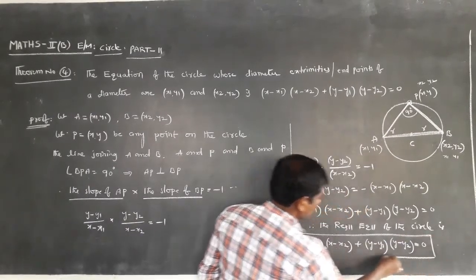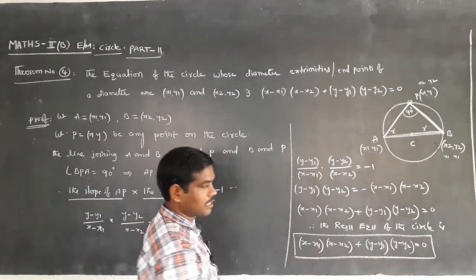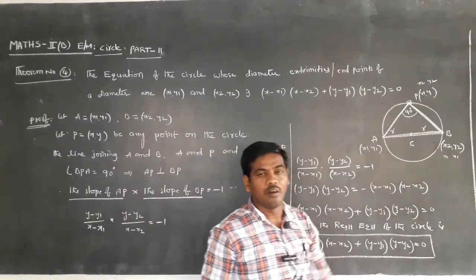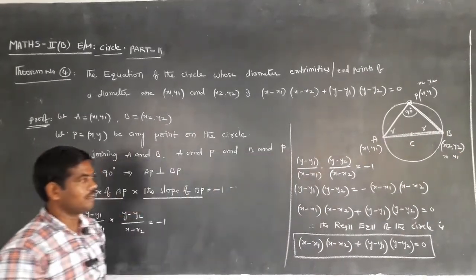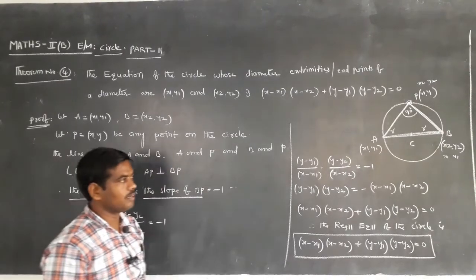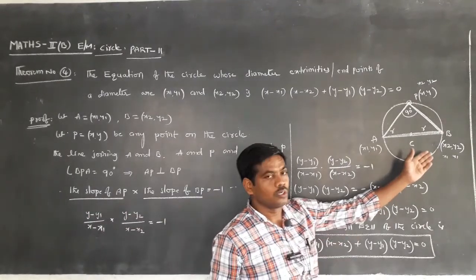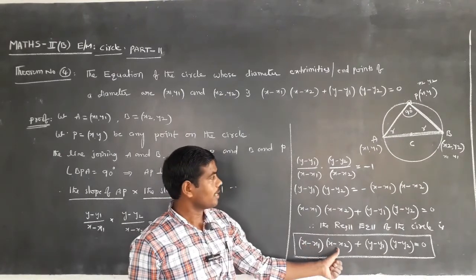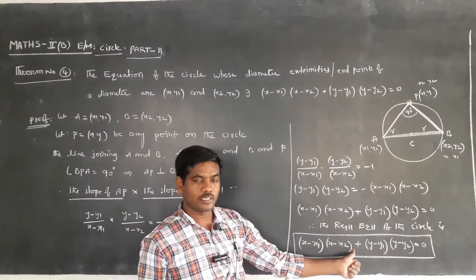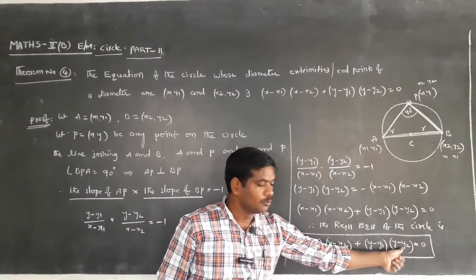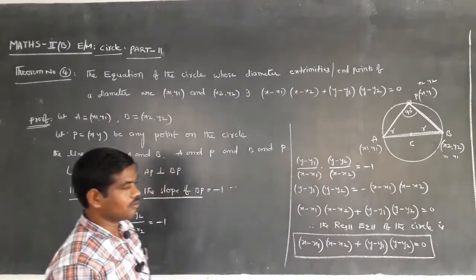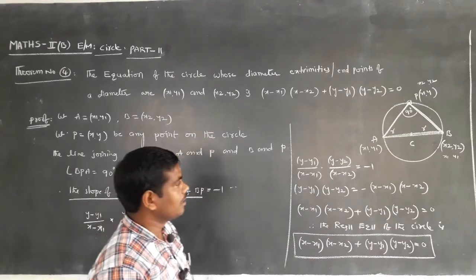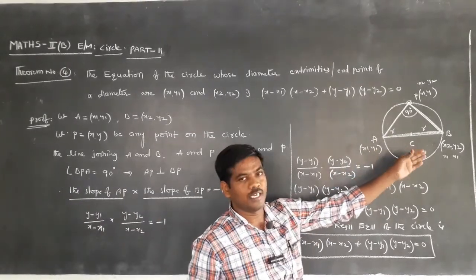This is the equation of the circle whose extremities of a diameter, or endpoints of a diameter, are A(x1, y1) and B(x2, y2). Finding the equation of the circle given extremities of a diameter.